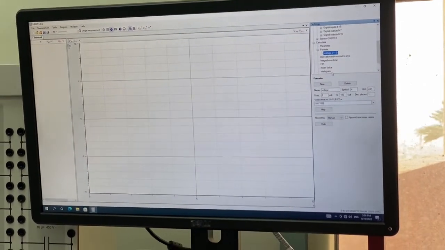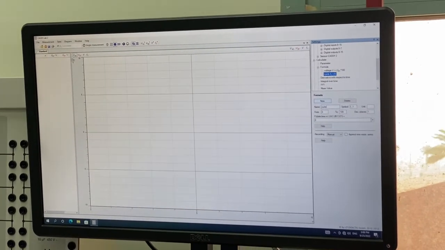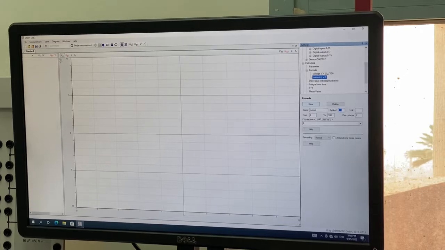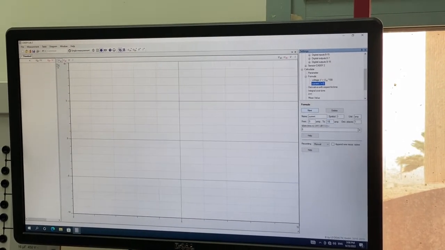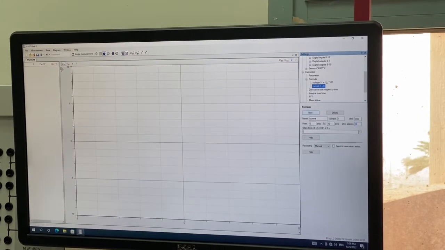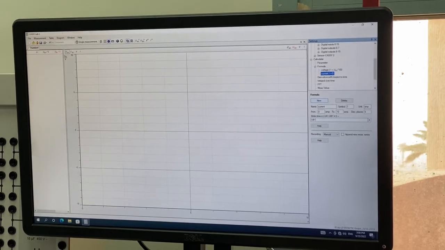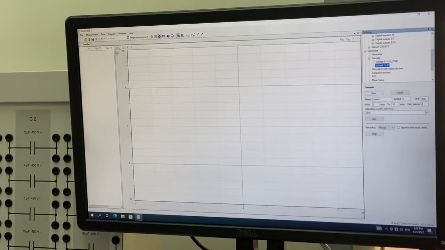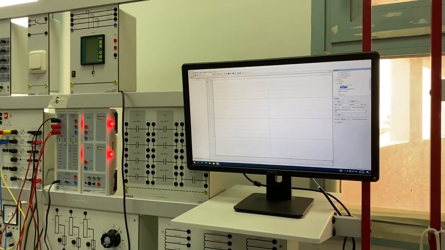Clear? Okay, so the next one, new current, right? Current symbol is I, unit is ampere, from 0 to 10, for example, decimal plus 4. What should be the formula? UB1, right? So the name is UB1. That's it only. You don't need to multiply with 100.